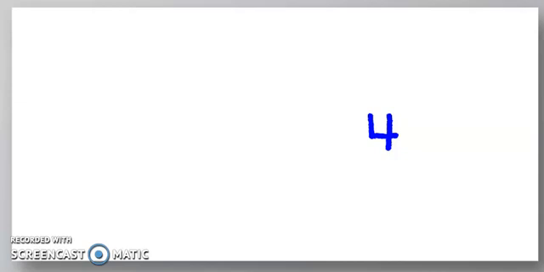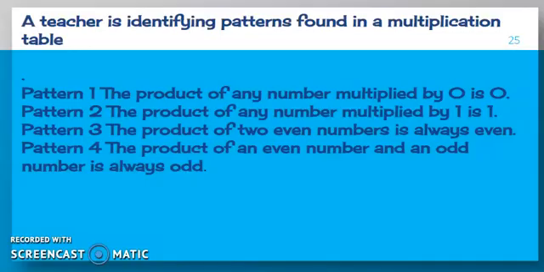Now, we have a last problem. And this problem, I'm not going to do it. I want you to read the problem. Take a minute to read the problem. And be careful because this problem can be tricky. So you need to work out each of the questions. I want you to look at this question. It says, a teacher is identifying patterns found in a multiplication table.